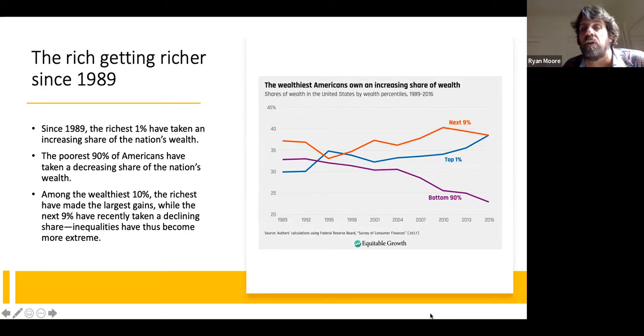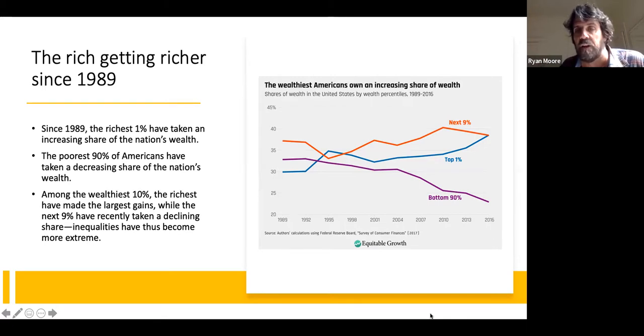We see in this chart the top 1%, represented by the blue line, maybe took a little bit smaller slice in the late 90s.